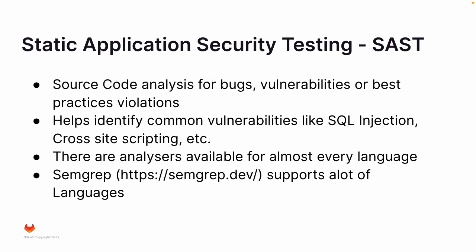SQL injection. Someone can just add whatever they want as their username. And at the end of the day, your SQL query will always return true. So there are tons of security vulnerabilities that can be caught from just statically analyzing our application.